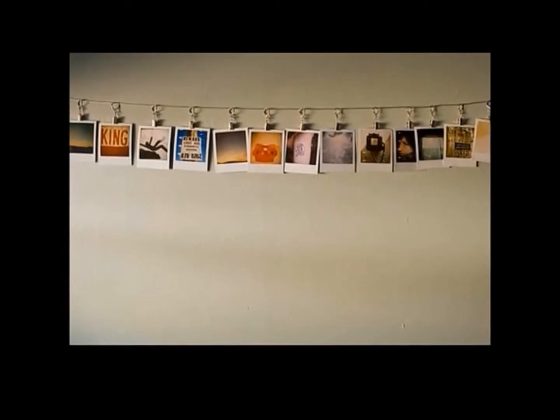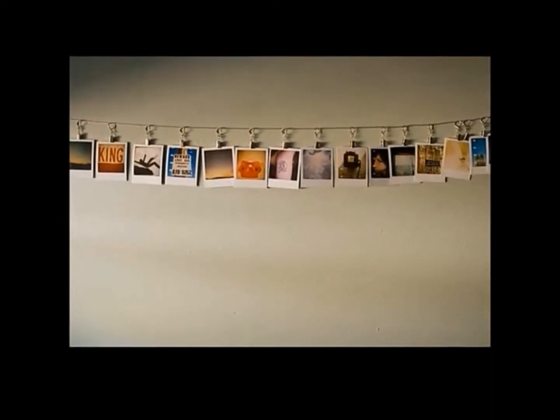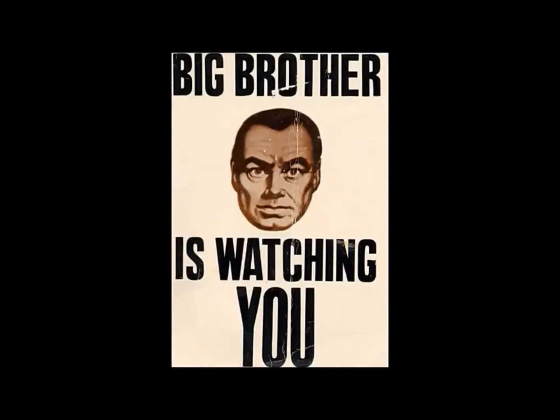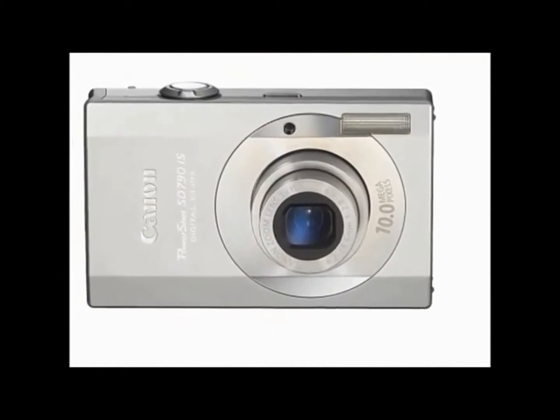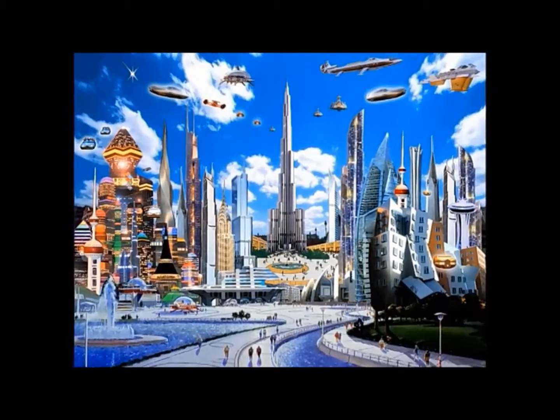In 1963, Polaroid film was developed, allowing pictures to be taken instantaneously. 1984, move over George Orwell, birthed the first digital camera and developed by Canon. Today, further developments are being made in all types of cameras and will continue into the future.